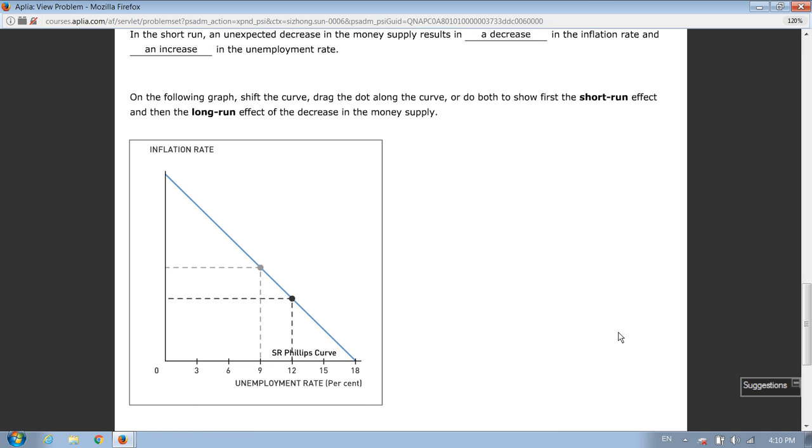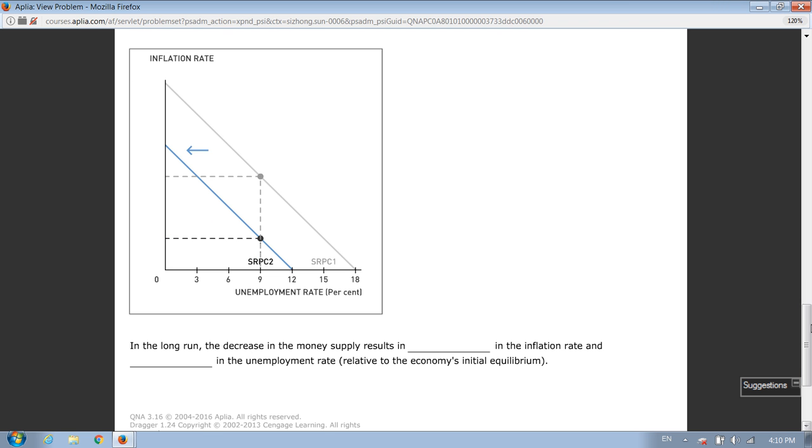In the long run, people observe that the inflation rate keeps being low, so they will adjust their expectation, revising downward the expected inflation. Let's shift the short-run Phillips curve to the left, such that the unemployment rate goes back to its natural rate of unemployment.